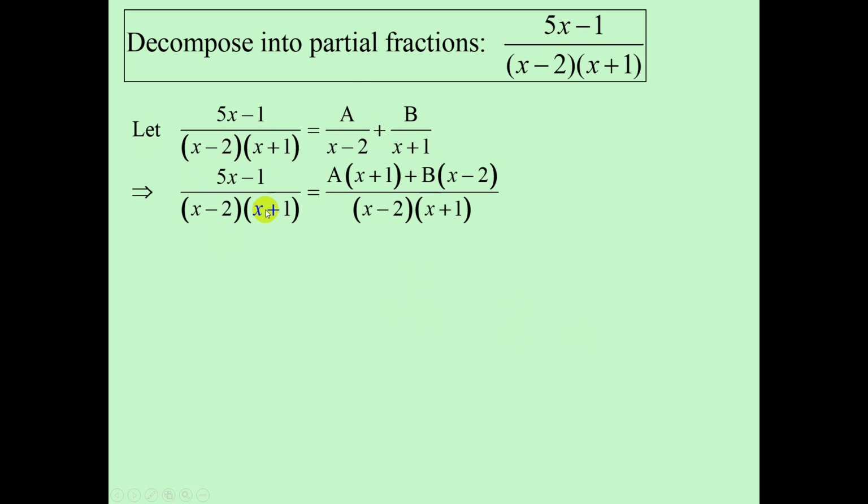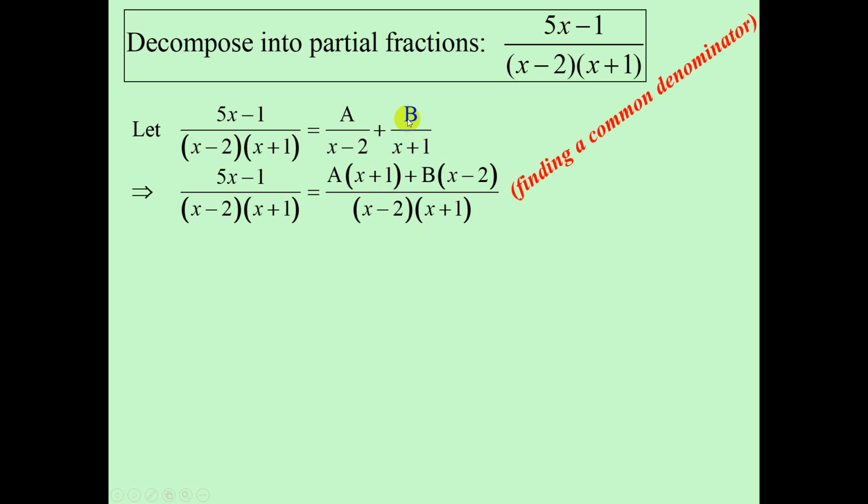Now, if we look at the right hand side, for us to find a common denominator, it is x minus 2 into x plus 1. Remember, this was the question, so let's ignore this part. So we're going to take a and multiply it by x plus 1.